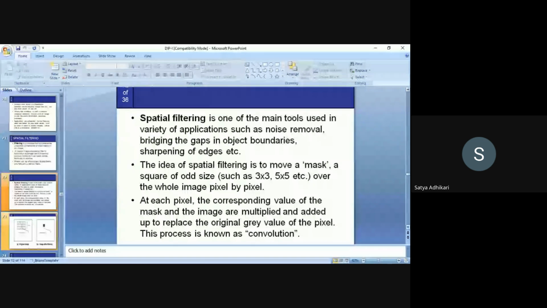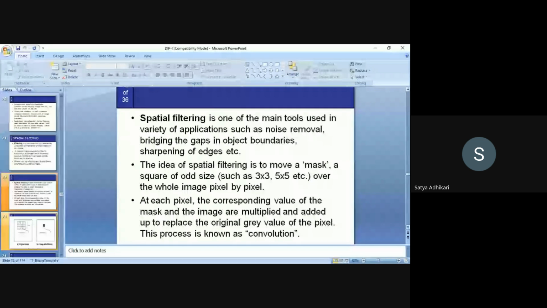The idea of spatial filtering is to move a mask, a square of odd size, either 3 cross 3, 5 cross 5, or 7 cross 7, over the whole image pixel by pixel. 3 cross 3 means 9 pixels, so we have to examine 9 pixels in one go.